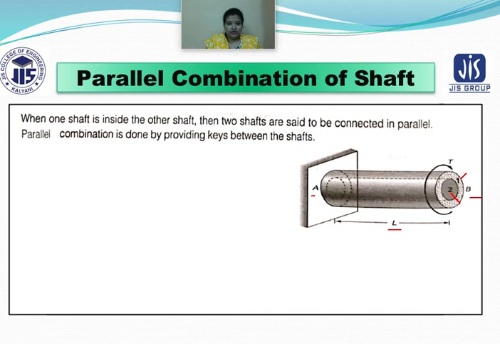Again I am repeating, when one shaft is inside the other shaft, then the two shafts are said to be connected in parallel, and parallel combination is done only by providing a key between the shafts. So it is very easy for all of us to make a combination of shafts, and this combination is termed as parallel when one shaft is inserted inside the other one.